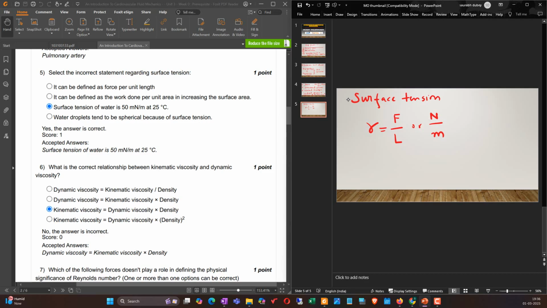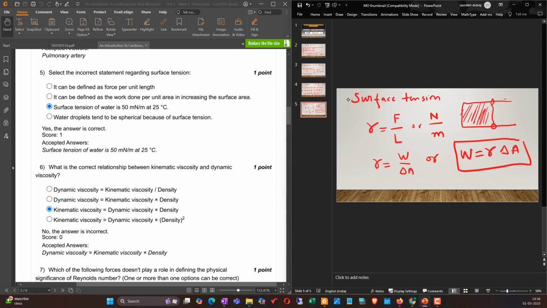It is also defined as gamma equals W by delta A, or work done equals surface tension times change in area, right? And this is the standard example of the slider and the soap film, right? The soap film. And when it is changed to some other area, right?